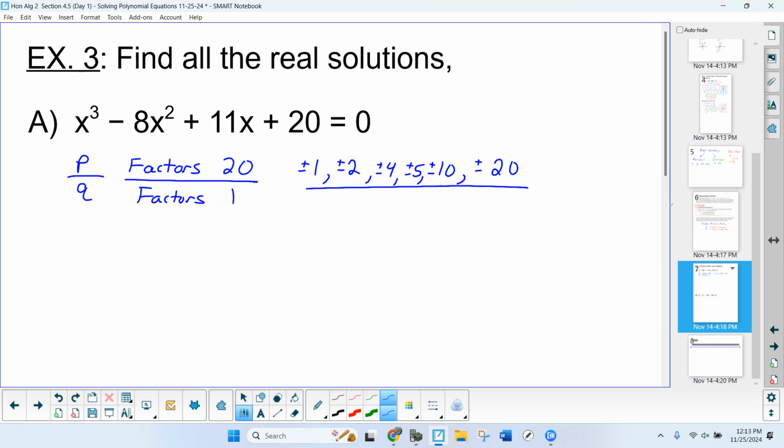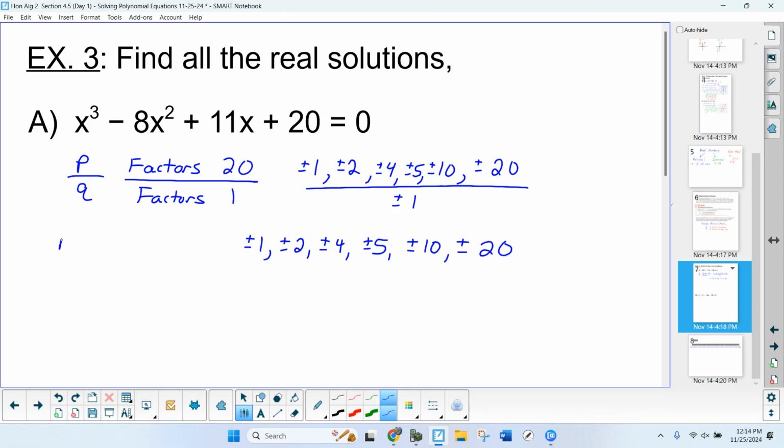What are the only factors of 1? All right. And then you have to put each of these over 1. You have to put 1 over 1, 2 over 1, 4 over 1, 5 over 1, 10. Well, anything divided by 1 is just what? Itself. So your possible rational zeros are plus or minus 1, plus or minus 2, plus or minus 4, plus or minus 5, plus or minus 10, and plus or minus 20.